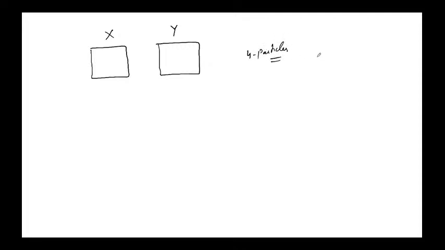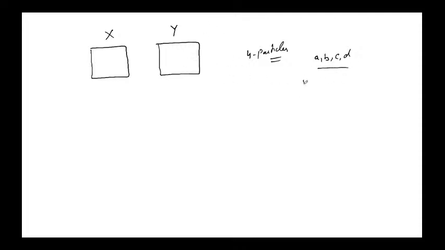Now let us take an example. Suppose I have two boxes. Let us say this is box A and this is box B, or you can say box X and box Y. Now we have to throw 4 particles, like A, B, C, D, and we have to throw these particles randomly.